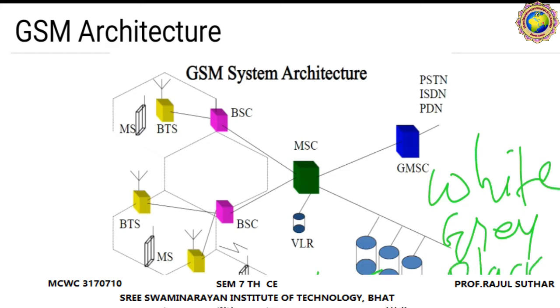So what is the whitelist? The whitelist checks for valid IMEI numbers, the list of valid mobile equipment. So the functionality of the whitelist covers valid IMEI numbers as well as valid mobile equipment.